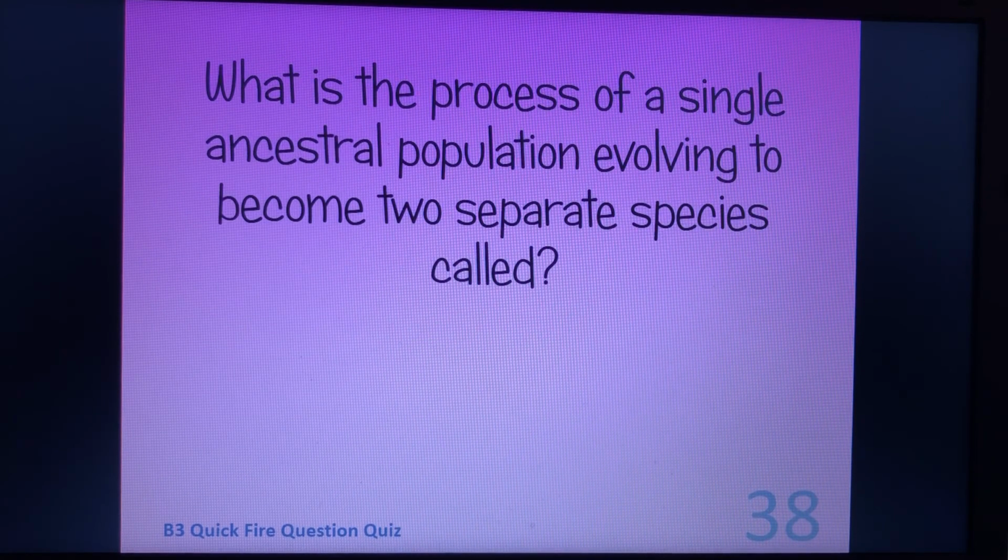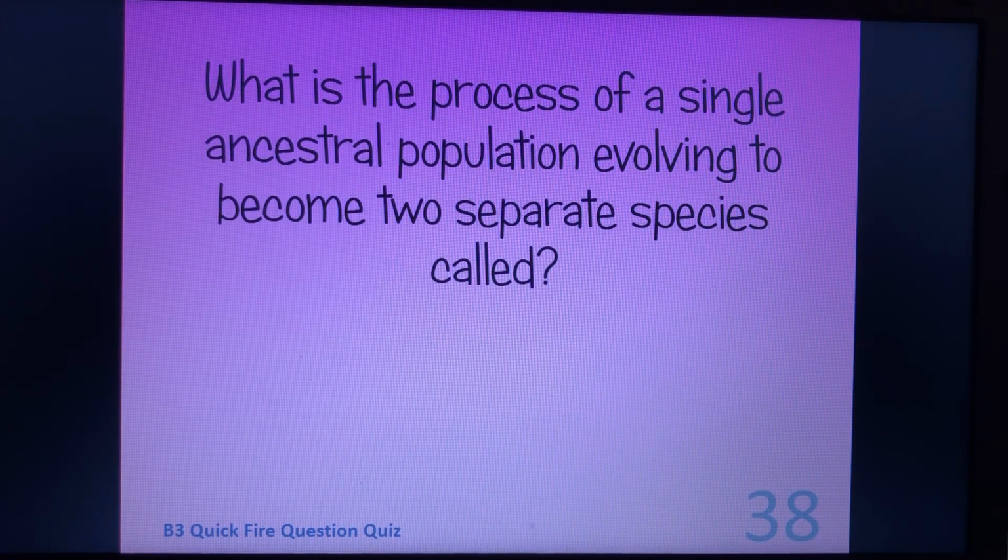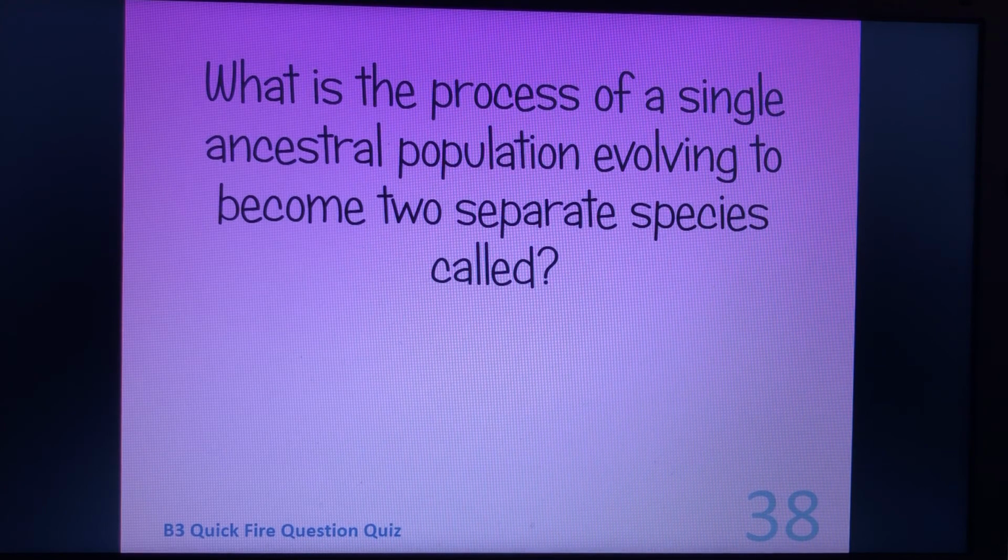Question 38. What is the process of a single ancestral population evolving to become 2 separate species called?